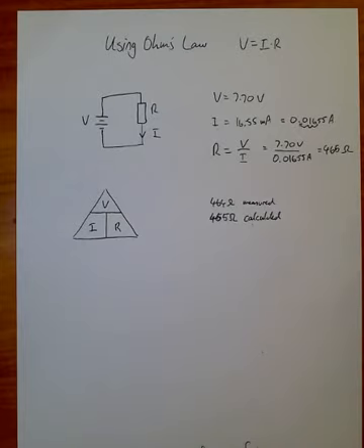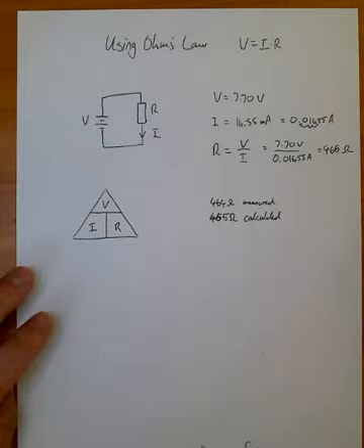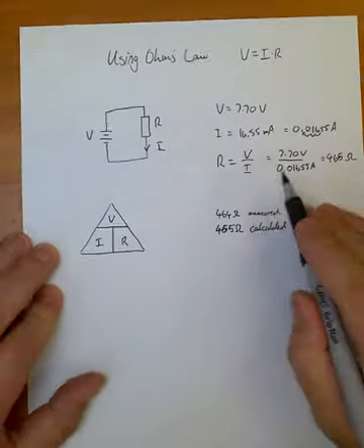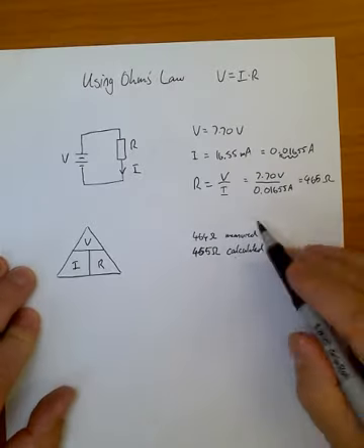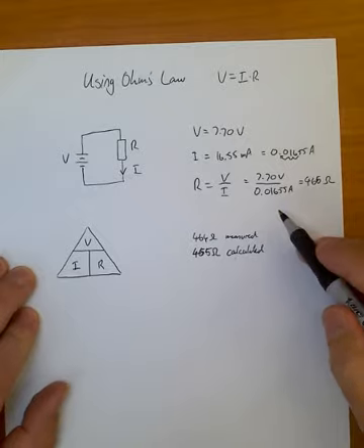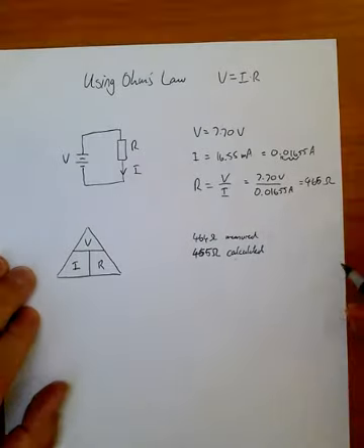It's difficult to break the circuit and add your multimeter in just to see if the current's okay. So quite often what you do is you have a known resistance and you measure the voltage across it. So let's just use the same values that we got here because we know that they're roughly right, and see if we can calculate the current through it.